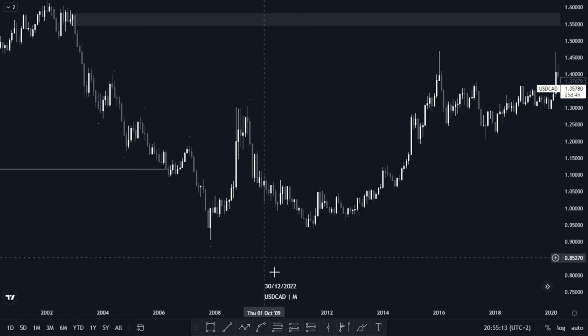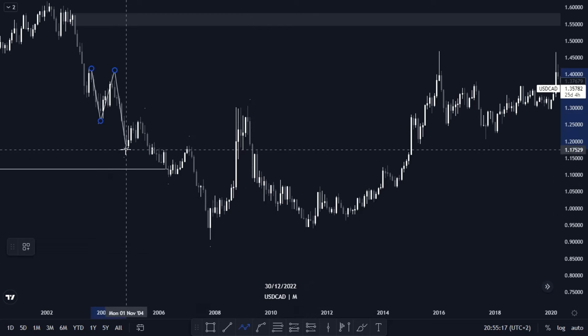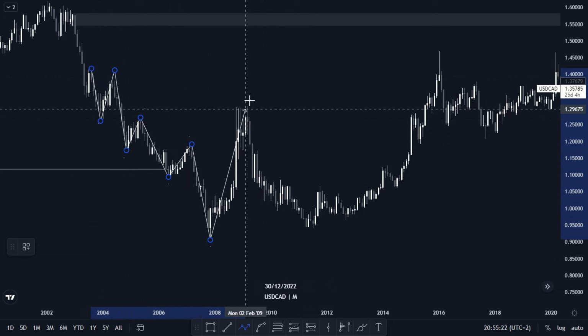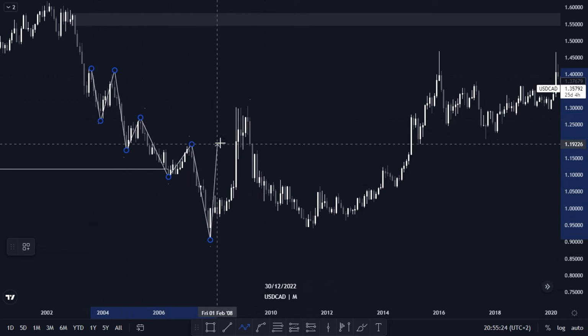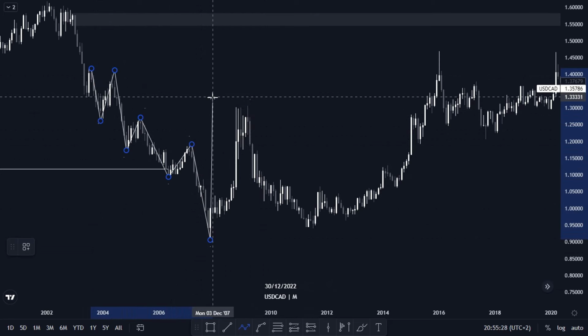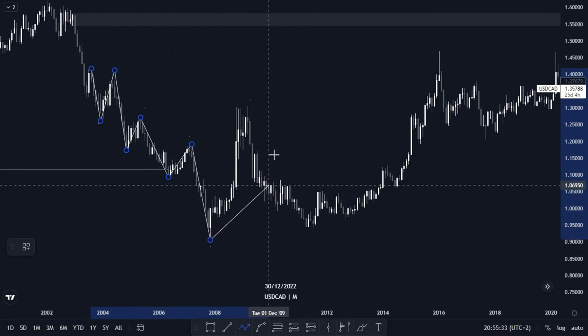Meaning that we could be moving from a bearish trend to a bullish trend.